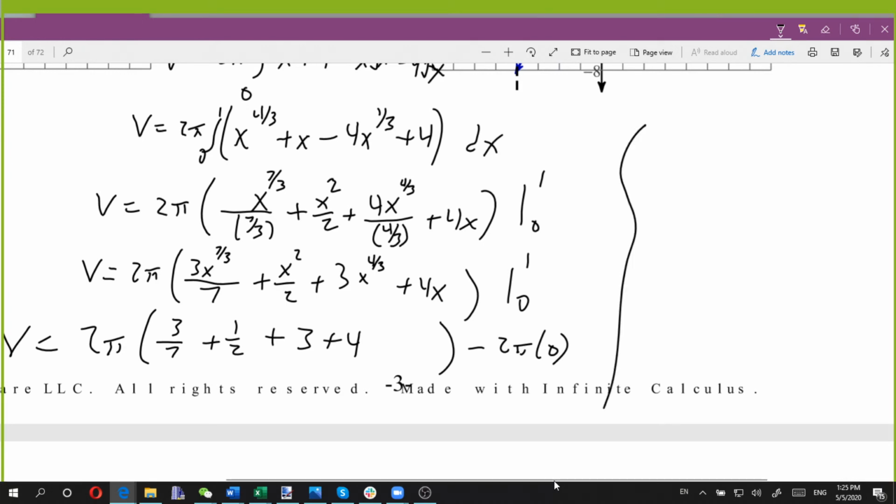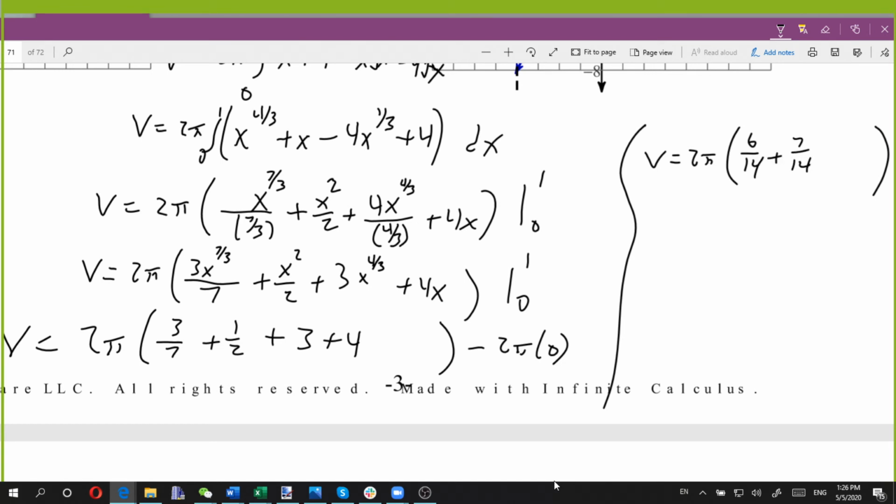What happens when I add this together? 3/7 plus 1/2 plus 3 plus 4. What's our common denominator that we could use? 14. Okay, so let's change everything to 14s. 6 over 14 plus 7 over 14.